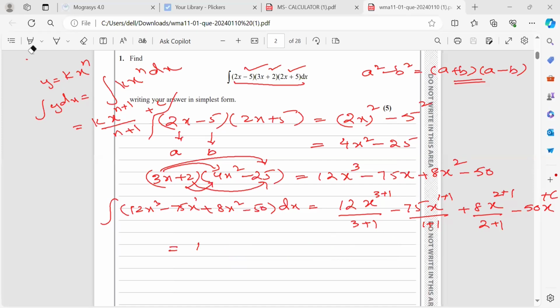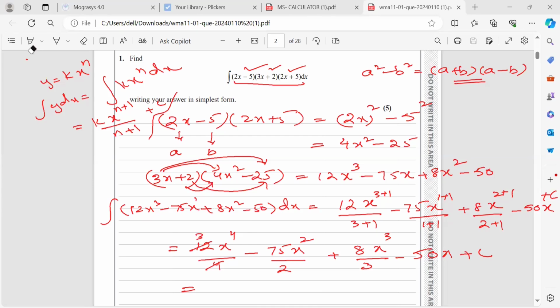Now 12 x power 4 upon 4 minus 75 x squared, because 1 plus 1 is 2. Down here also we write 2, because 1 plus 1 at the bottom is 2. So here 8 x power 3 upon 3 minus 50x plus c. Now simplify. 4 times 3 is 12.